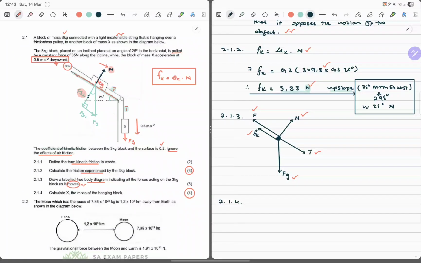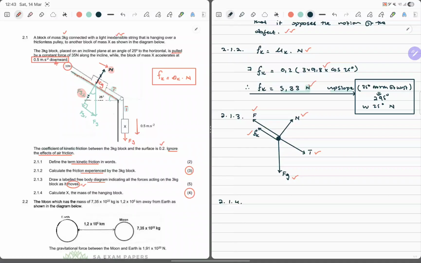Great. So, we can use that. Let me see. We know that we can use the 3 kilogram block to find the tension. Once we have our tension, we will then be able to use this question.